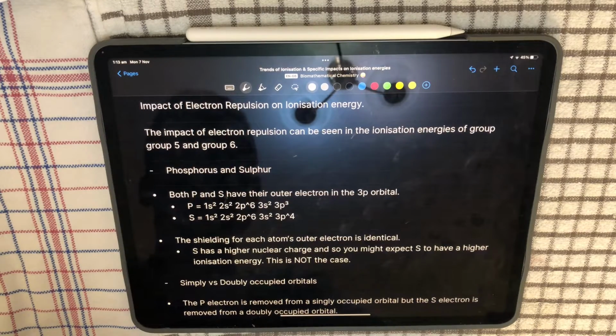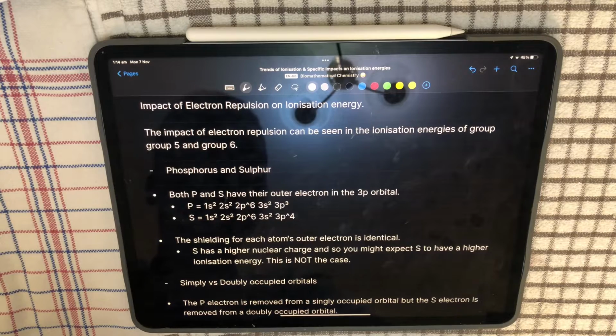The impact of repulsion can be seen in the ionization energies of group 5 and group 6, phosphorus and sulfur. Both phosphorus and sulfur have their outer electron in the 3p orbital. Phosphorus is 1s2, 2s2, 2p6, 3s2, 3p3, and sulfur is the same but 3p4 instead.